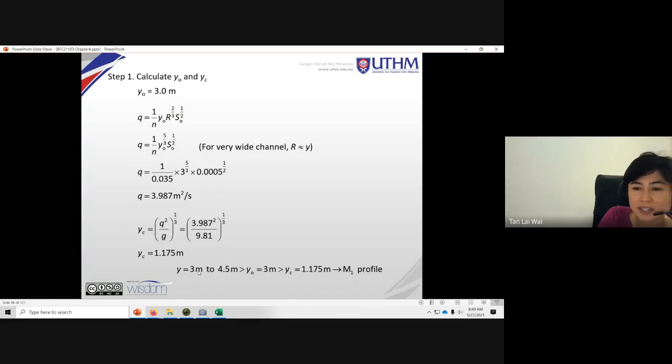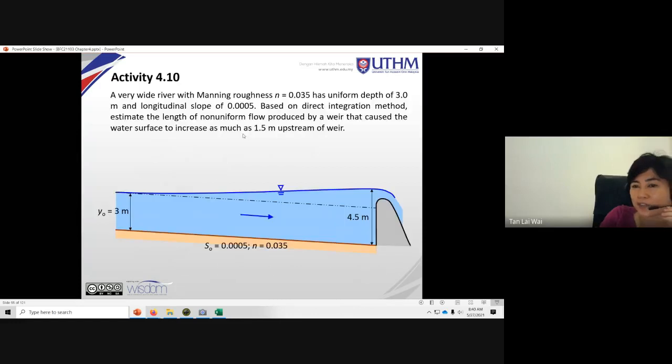You have YC, and now, here's the thing. Remember, we have learned this classification of profile, even though the question doesn't say classification of profile. Sometimes you wanted to know the classification of profile, just in case the question doesn't say, it increases and things like that.